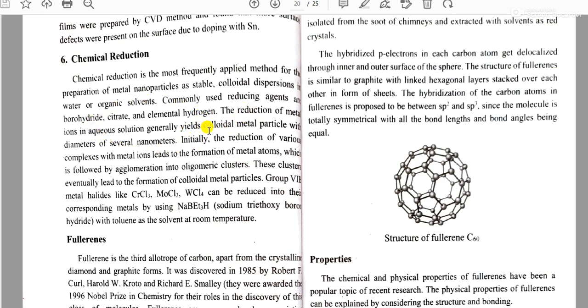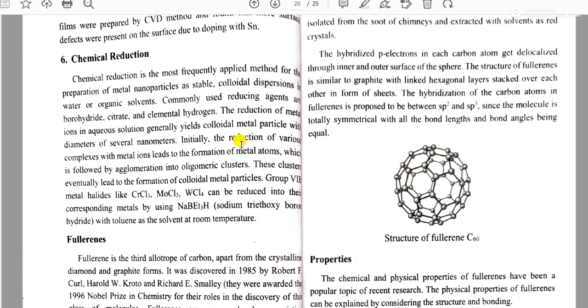As a result, the reduction of the metal ions in aqueous solution will give colloidal metal particles with diameters of several nanometers. So as a result of this initial reduction process, the reduction of various complexes with metal ions will lead to the formation of metal atoms.